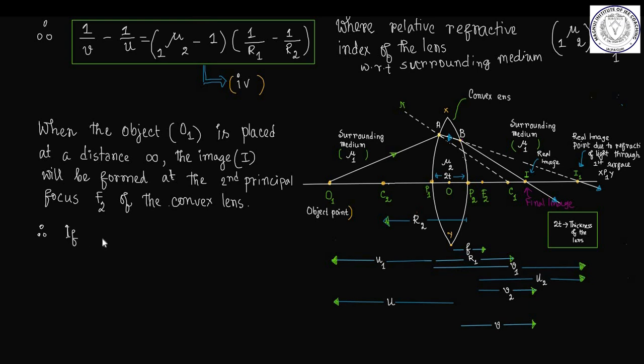Therefore, if U is equal to infinity, V is equal to f, where f is the focal length.